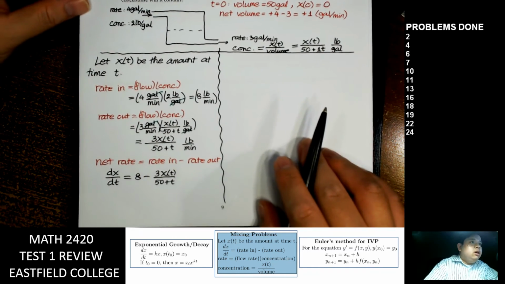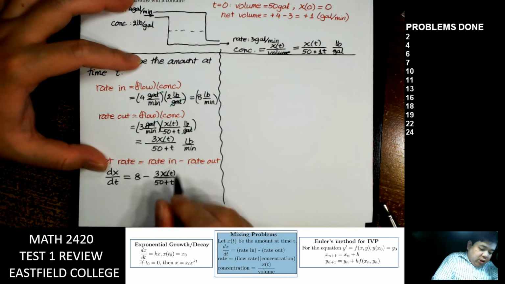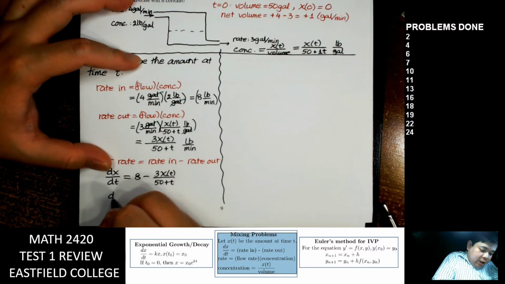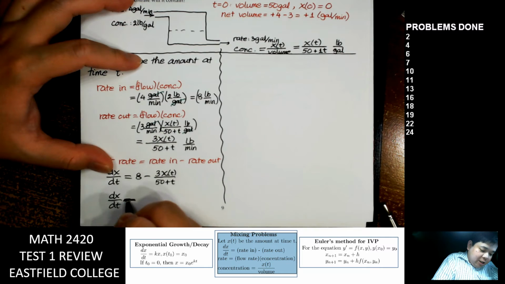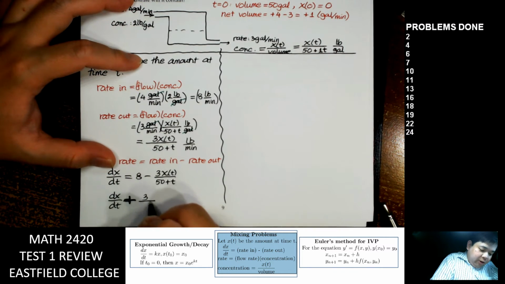Now we have the equation. If we move this to that side, dx over dt plus 3 over 50 plus t times x equals 8.